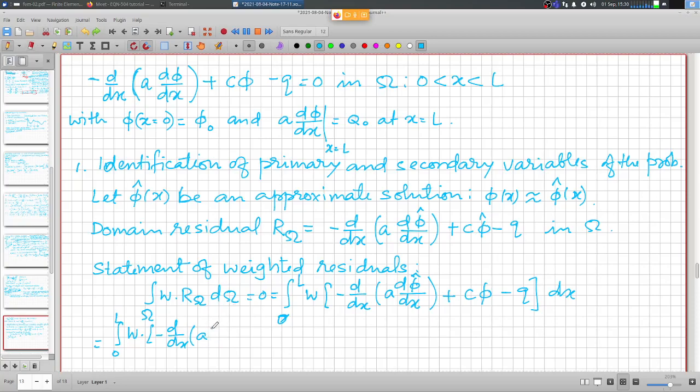Sir, why haven't we considered the boundary residual here? I'll answer that a little later. Right? Let me first complete this expression, lest I make any error due to omission.